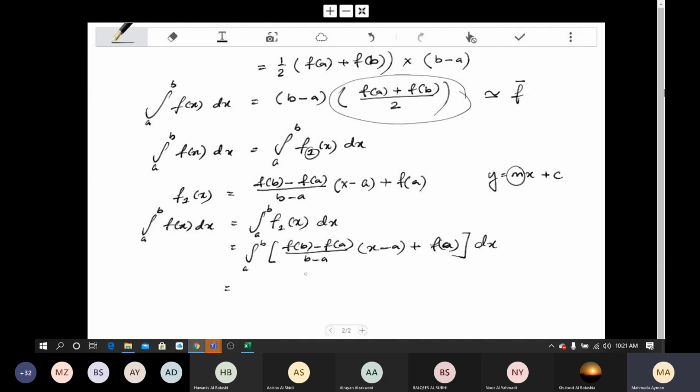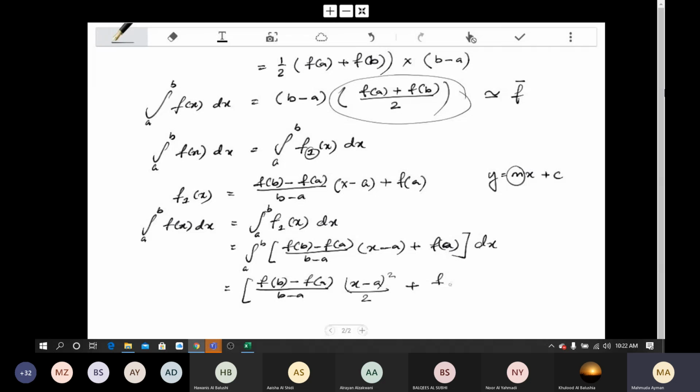Now, if you integrate this, you will get, sorry, I'm making a mistake here. So this is f of b minus f of a divided by b minus a. This is a constant. And then you have x minus a, the whole squared, divided by 2. That's the antiderivative.